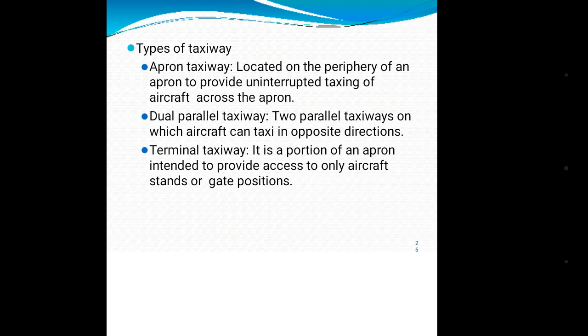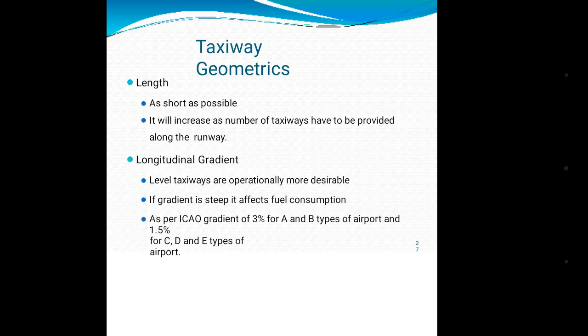So in the middle part we have the runway, and on both sides of the runway we have the taxiway. So it is called dual parallel taxiways. Then terminal taxiway. It is a portion of an apron intended to provide access to only aircraft stands and gate positions. So basically the area near the hangars is a terminal taxiway.